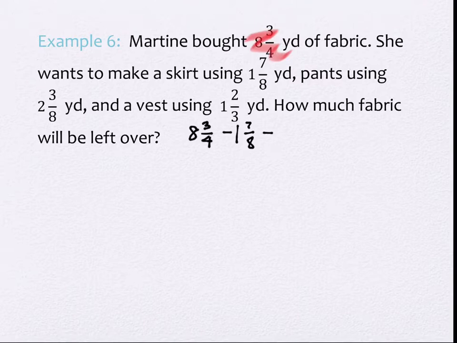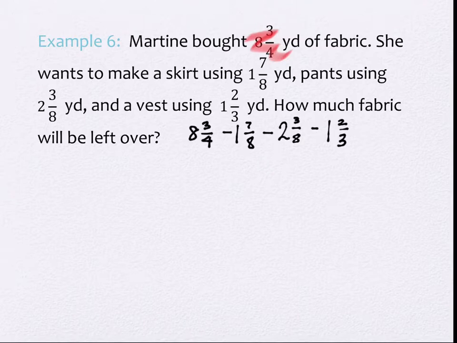And then you'd keep cutting and keep going down the line. You'd say, okay, now I'm going to cut off my 2 3/8. And then you would keep going down that large original piece of fabric that you still have, and you'd have to cut off the 1 2/3.